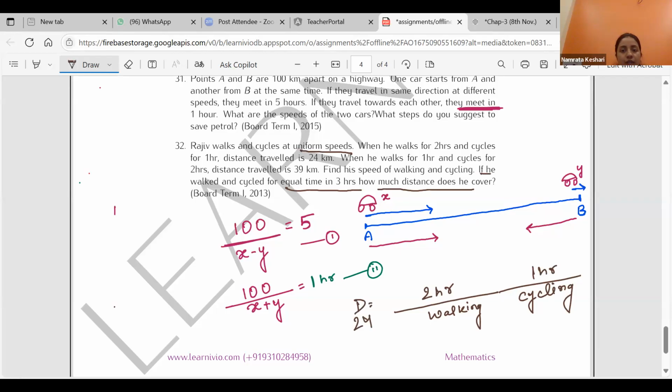When he walks for 1 hour and cycles for 2 hours, the distance traveled is 39 kilometers.